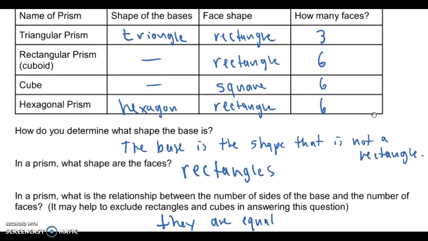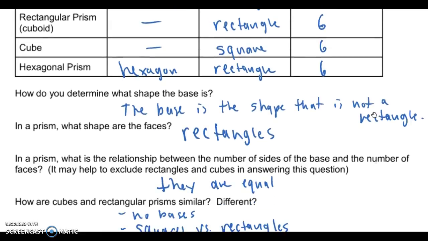So how do you determine the shape of the base? The base is the shape that's not the rectangle, and more importantly, it's the part of the prism that has the congruent identical faces, whatever they happen to be. Triangular prism, it's a triangle. Hexagonal prism, it's a hexagon. In any prism, your lateral faces are going to be rectangles.